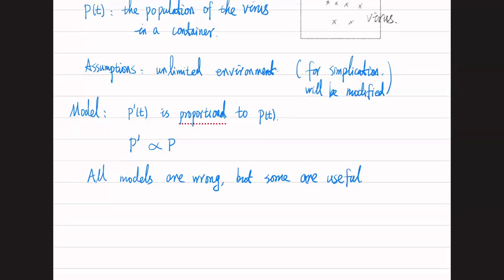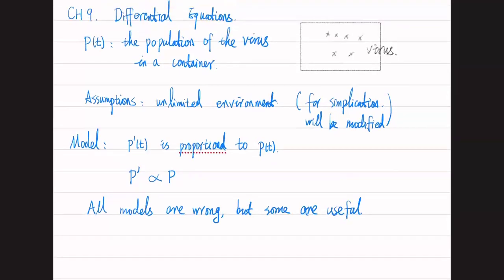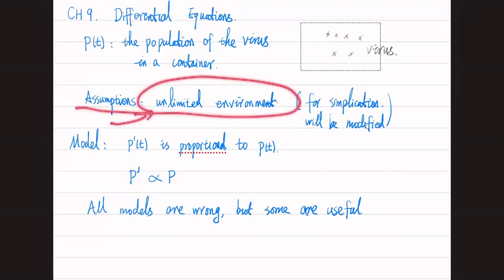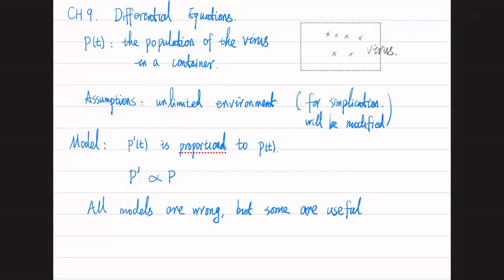You can see it especially applies to our case. We make a very strong assumption, that there's an unlimited environment. In particular, it's not realistic. Our Earth, maybe our lab, or maybe the country, has a limited environment. So in this sense, our model is wrong. But it does give us some insight into how population changes. In this sense, we say our model is useful.